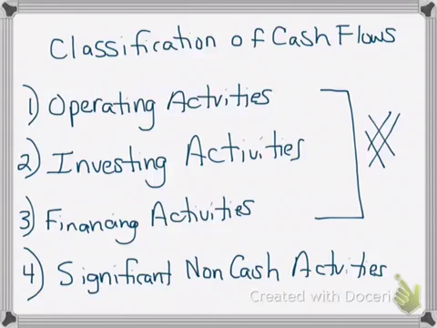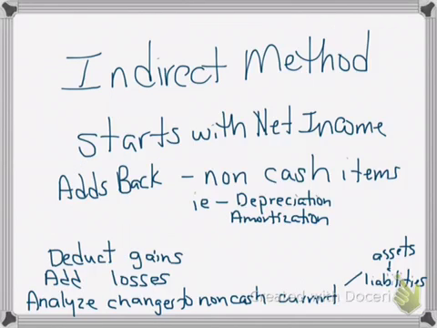Now, in preparing the statement of cash flows, we can use one of two different methods to prepare the operating section. The indirect and the direct method are only applied to the operating section of the statement of cash flows. With the indirect method, we start with net income.